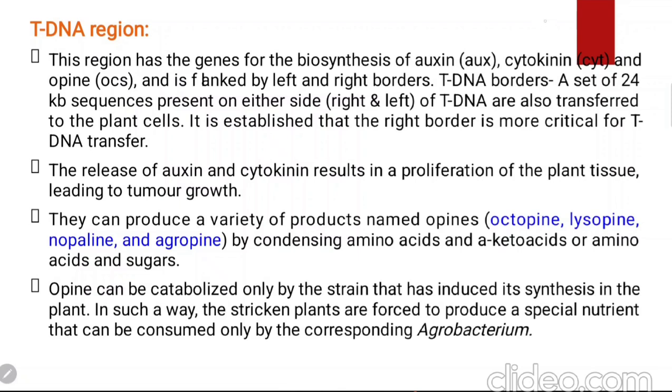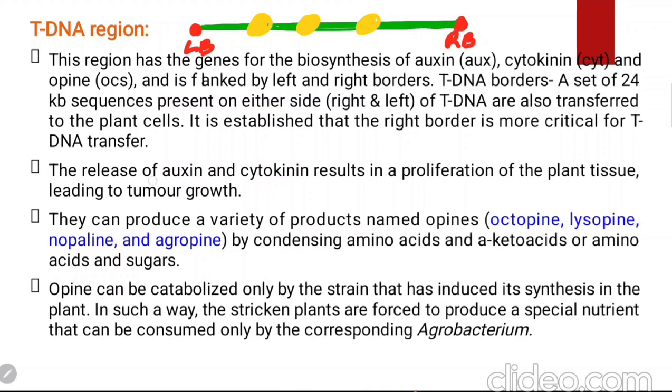Talking about the tDNA region. For example, this is your tDNA region. So what will this tDNA have? This tDNA first has 23 to 25 base pair repeats on each side, known as the left border region and the right border region. Then we have genes for auxin, cytokinin, and opine.